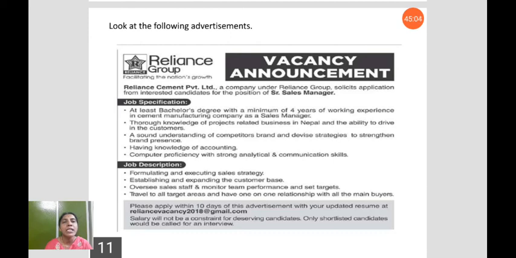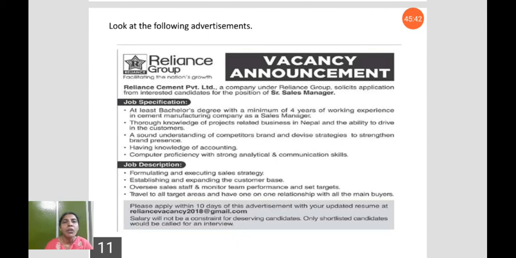A sound understanding of competitors' brands and devising strategies to increase brand presence. So in the strengths you can write strategic planning, because if you are strategically planned, you can wipe out all the competitors, or at least make them stay as they are. That's why you can write strategic planning.